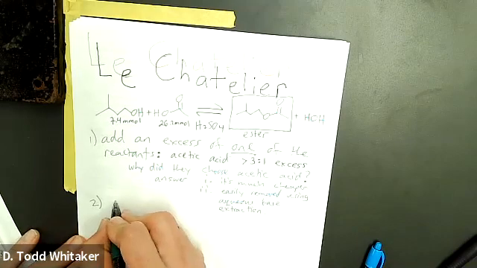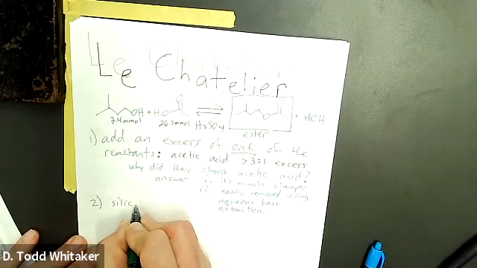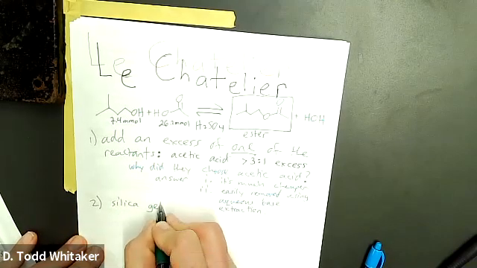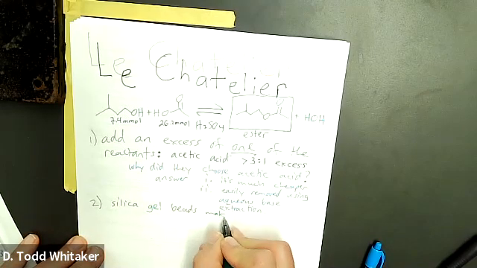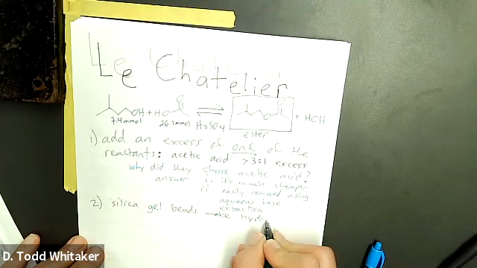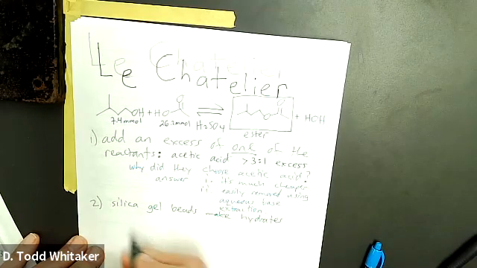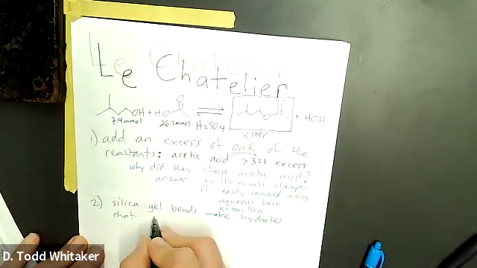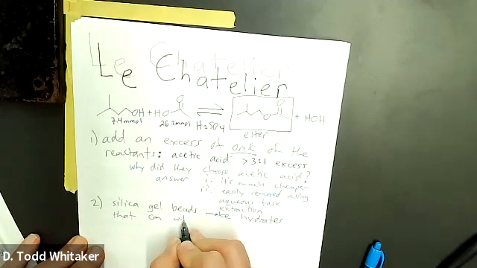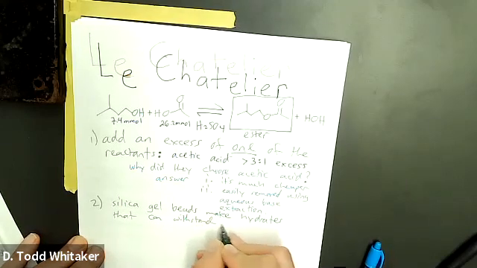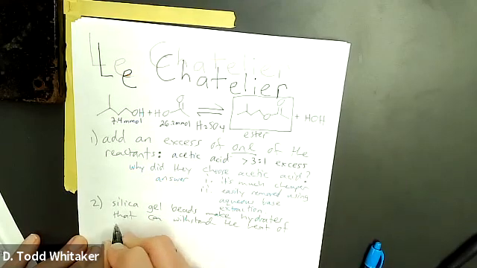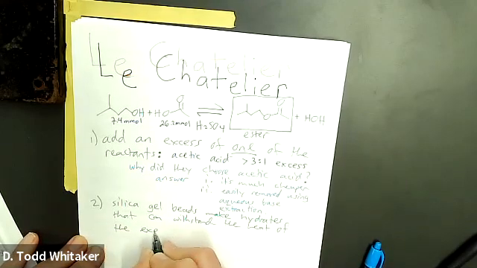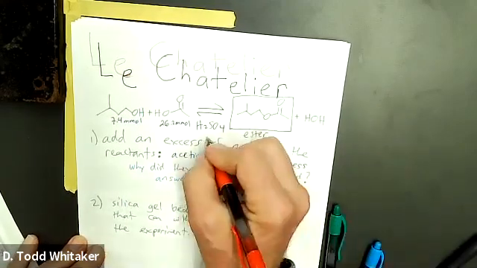Silica gel beads. Silica gel beads make hydrates that can withstand the heat of the experiment. So one thing I guess I should add is this experiment required a lot of heat.